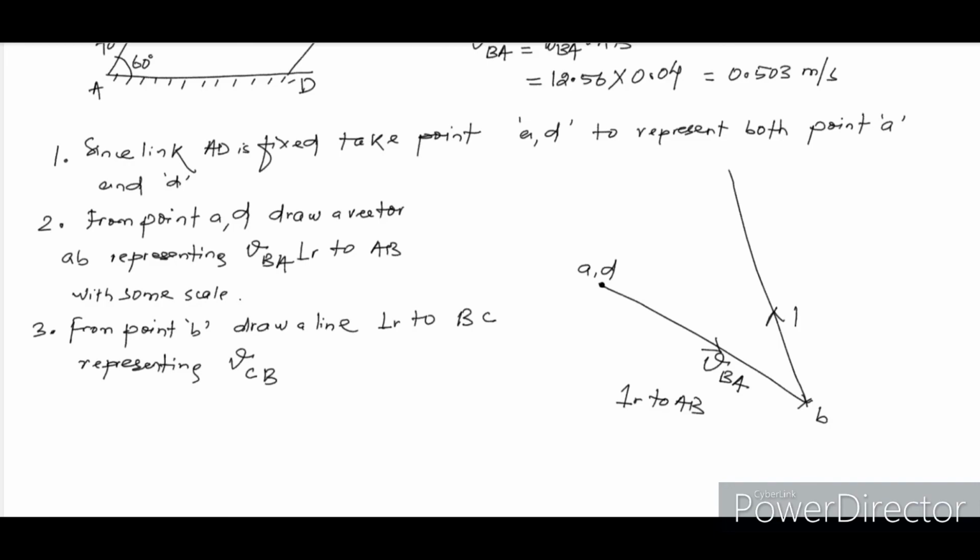So it will be obviously VCB, because it is moving towards C, so that's why C comes first. Remember this.